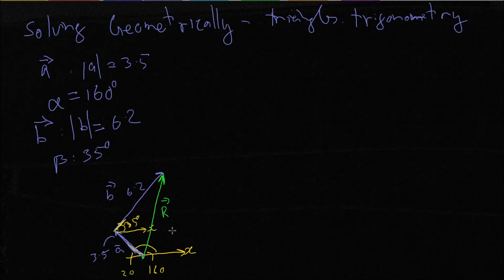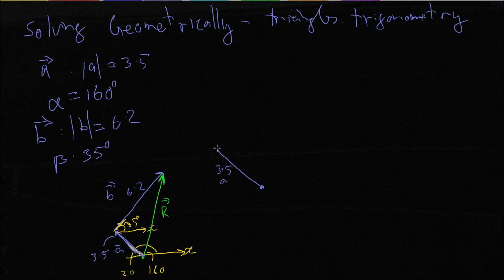Now, in the past, we solved that graphically, and now we're going to learn how to solve that geometrically using trigonometry. And to add these vectors using trigonometry, we need to get this a bit clearer and draw it as a triangle. So we've got our first side here, which is 3.5.